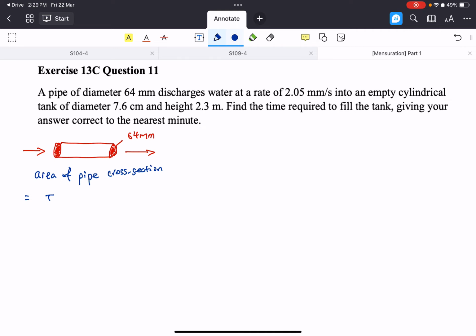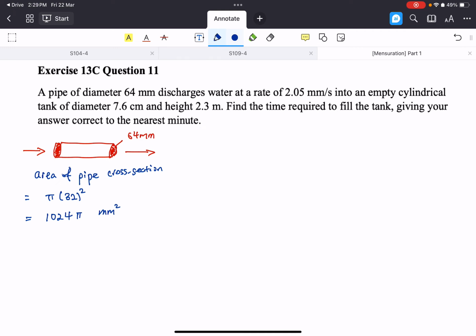So the radius is half of 64, which is 32, right? 32 squared. Okay, so we use our calculator. It is 1024 pi millimeter square. So what this means is that the amount of water that flows through will be this multiplied by the rate, right?